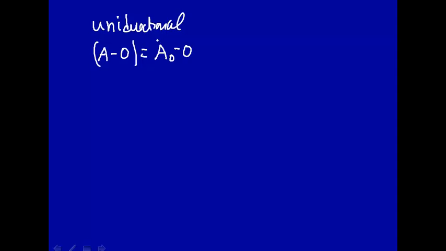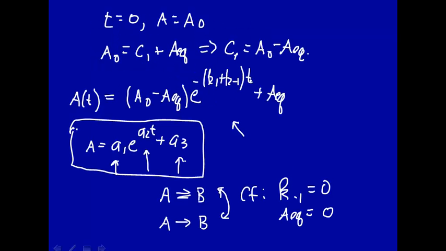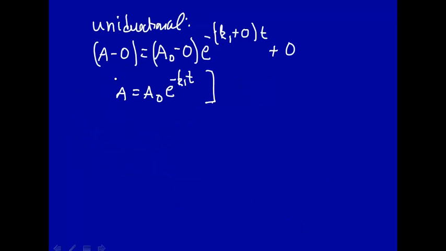We find that for the unidirectional, A minus 0 is equal to A0 minus 0 times e to the minus K1 t plus 0, or in other words, A is just equal to A0 e to the minus K1 t. So this is for unidirectional. This is the general case, and if you take the specific case where the reverse rate constant is 0, then you reduce to the unidirectional first order reaction mechanism.